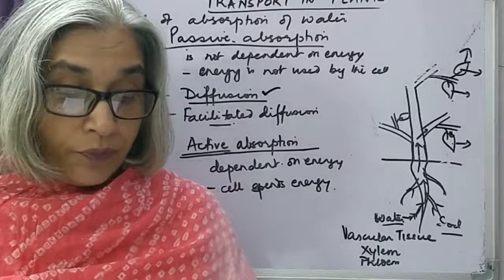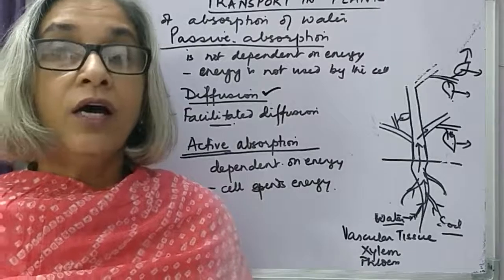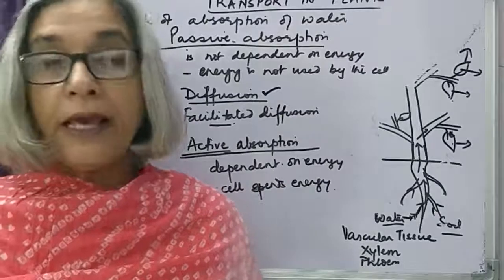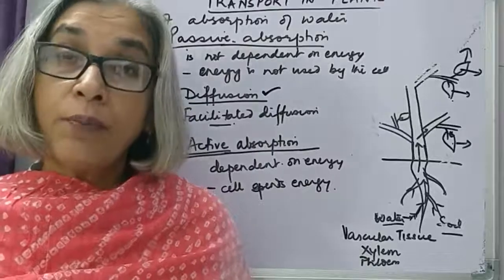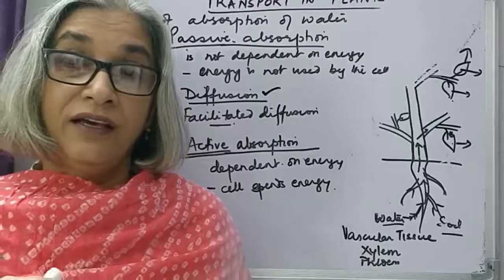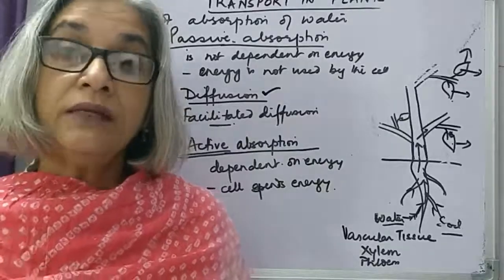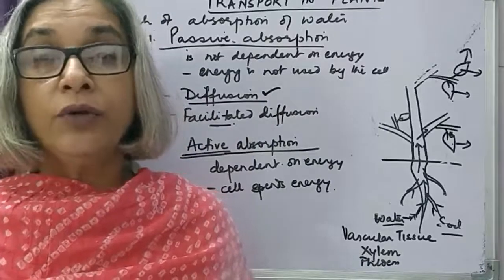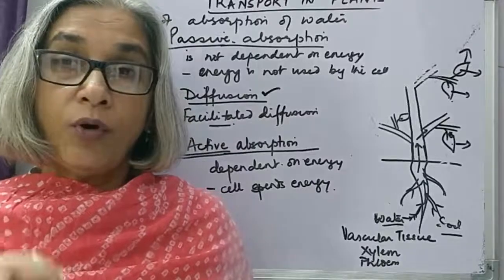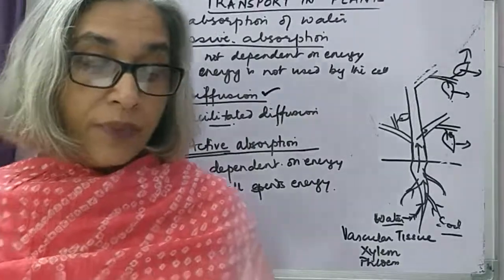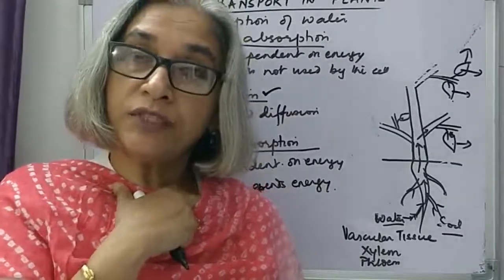Porins are present in cell organelles like mitochondria and chloroplast, and they help in the transport of substances across the cell membranes, whereas aquaporins are water channels. So facilitated diffusion takes place through these channels, porins and aquaporins. Aquaporins, as I told you, are water channels, and porins are special protein molecules that are present in the cell membranes for transport of substances through it.